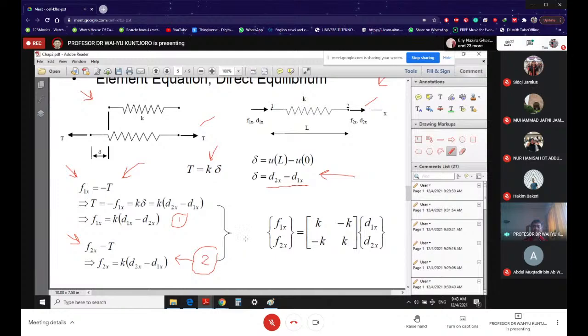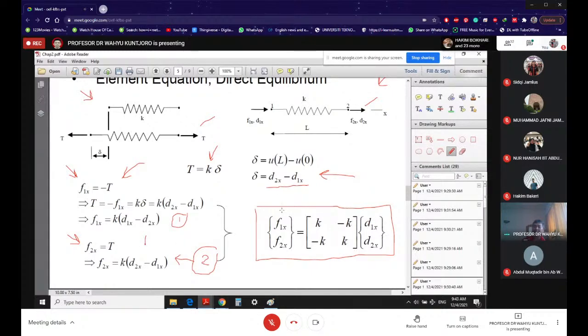So these two equations can be written this way as a matrix. F1x and F2x are going to be your element forces. D1x, D2x is going to be your displacement matrix.